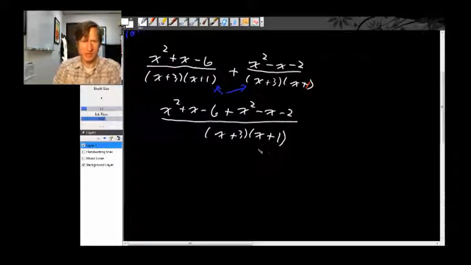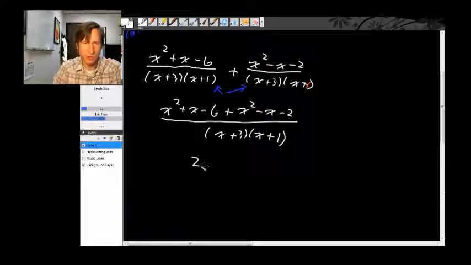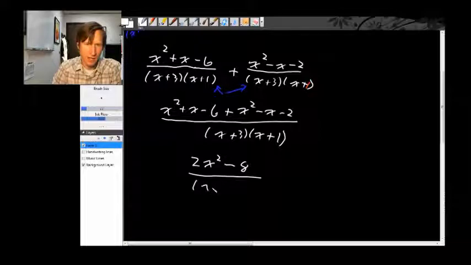So we can add the numerators. Now in the numerator, we need to combine like terms. So we have 2x squared. Let's see, a plus x and a minus x, so those are gone. And then minus 6 minus 2, so that's minus 8 altogether, all over (x + 3)(x + 1).